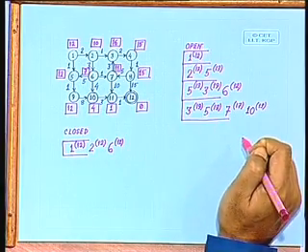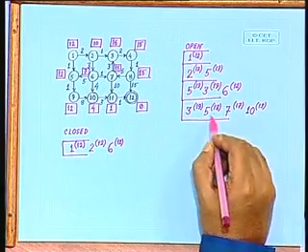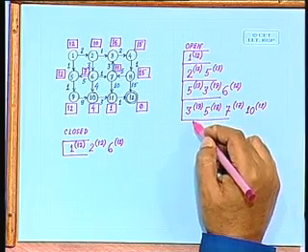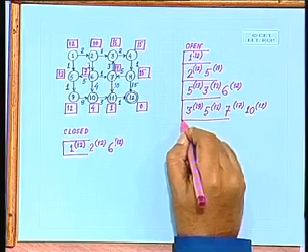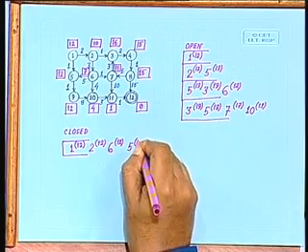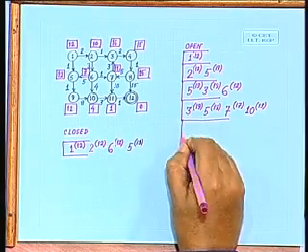Now, I have 2 nodes having cost of 13. So, let us say without loss of generality that I pick up 5. Okay. If I pick up 5 with a cost of 13, then what do I have here?